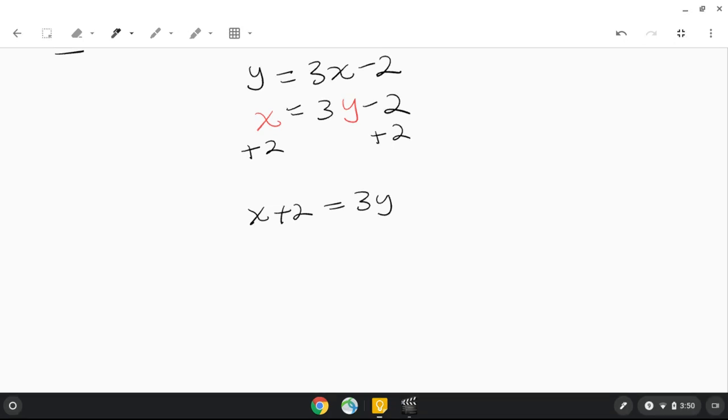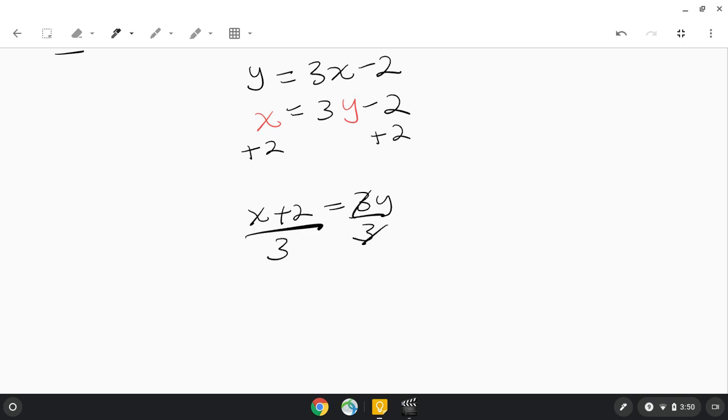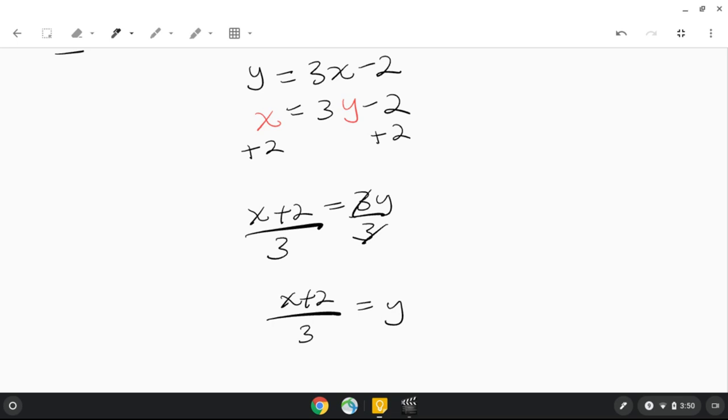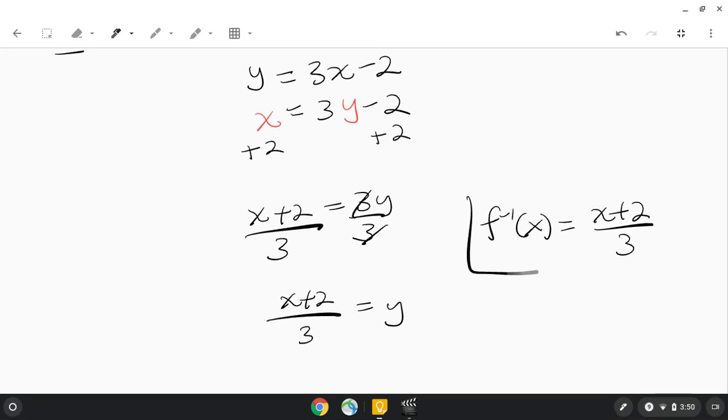Divide by 3 on both sides, and we get x plus 2 all over 3 equals y. That right there is your result. So that's your inverse function. Your inverse function is going to be x plus 2 all over 3.